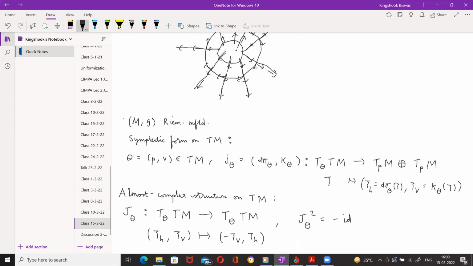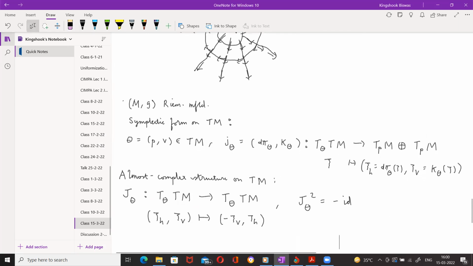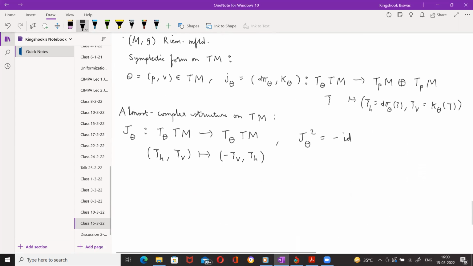Yes, sir. In fact, what is the matrix of J theta with respect to this direct sum decomposition? It is just block form. So what should the matrix be? Xi h is going to, so the first row will be the first component, minus xi v.